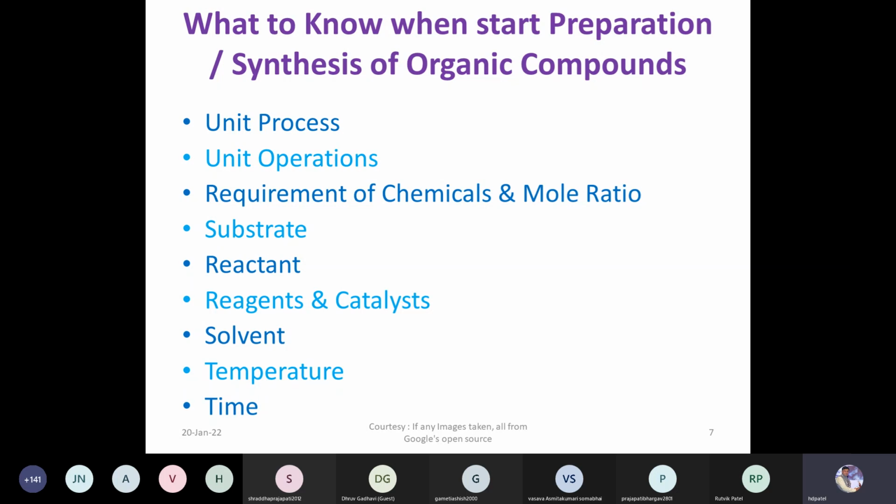Then requirement of chemicals. When you are going to start any preparation or synthesize any compound, you must have some requirements, means requirement of your chemicals. That chemical may be solid, liquid, gas, and not only chemicals, we require apparatus also for the particular type of preparation.